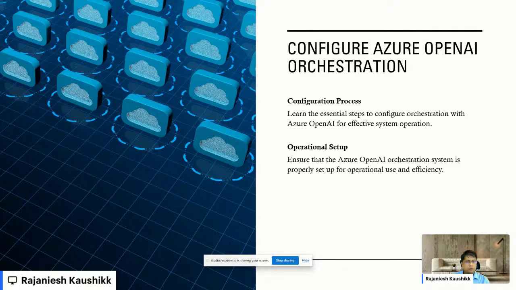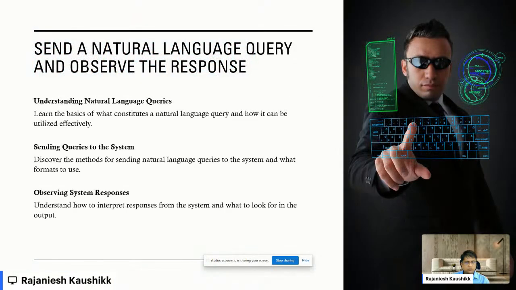Then we are going to fire the natural language query, send this question to the system, and see the response coming out of it to find out how the whole process works.